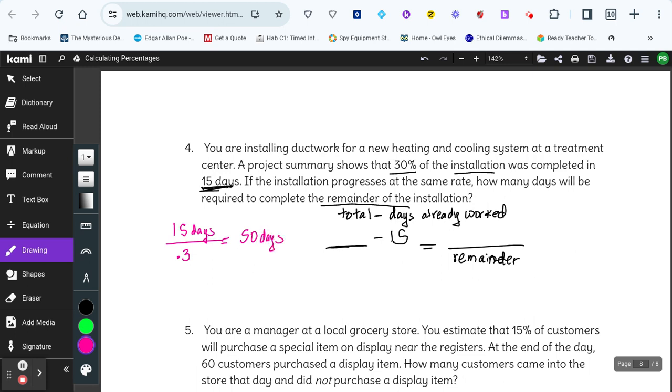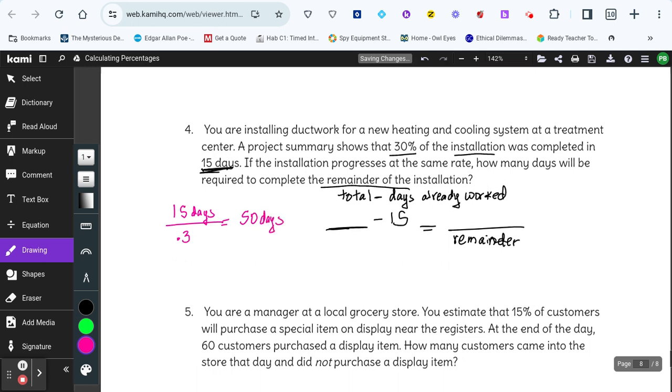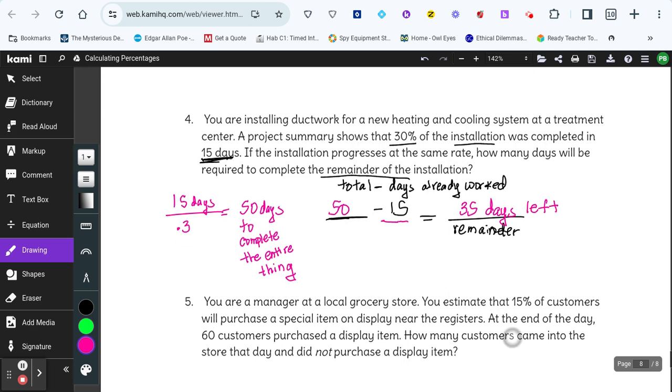So basically, it's going to take 50 days to complete the whole thing. But they've already worked for 15. So now I just need to do 50 minus 15, which is 35 days left. 35 days going to be left.